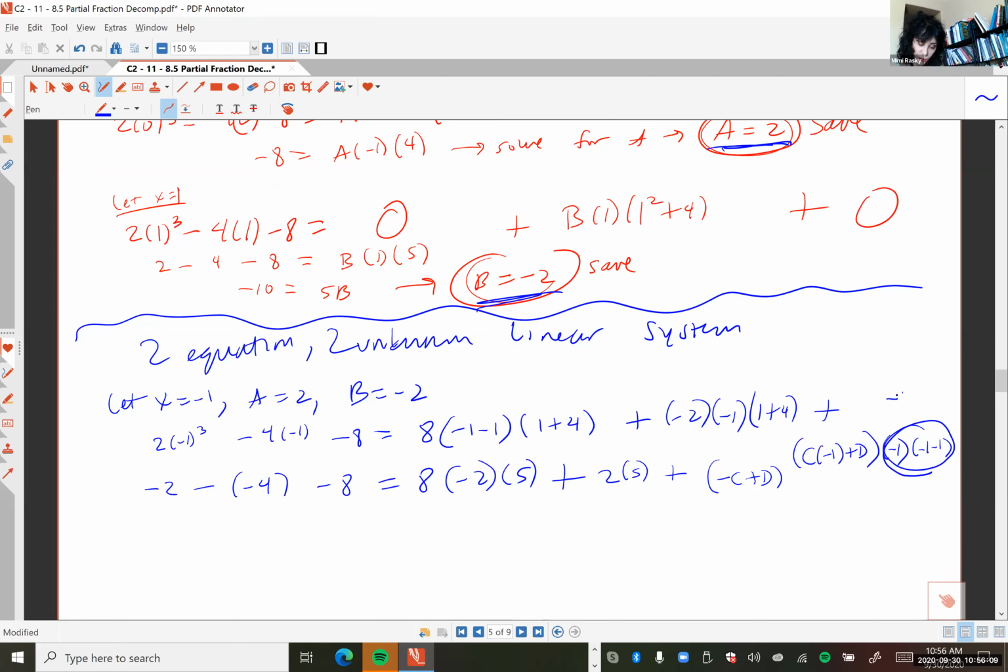That's going to be negative 1 times negative 2, which is a positive 2 out there, and then I'm going to distribute this 2 over the sum, so I have negative 2C plus 2D, like that.